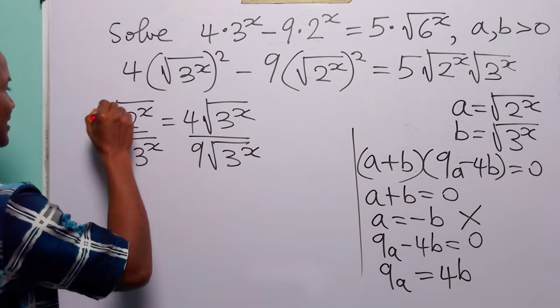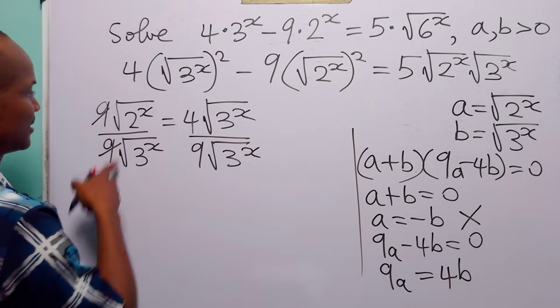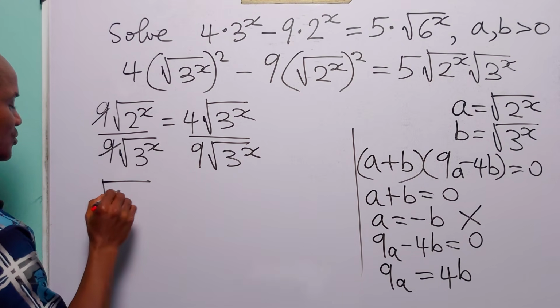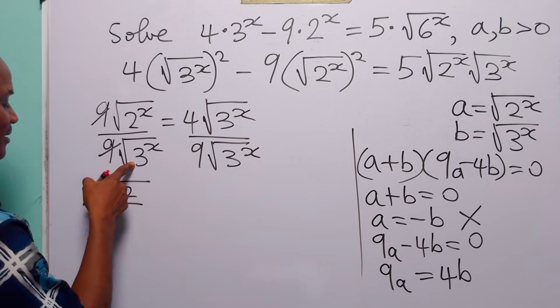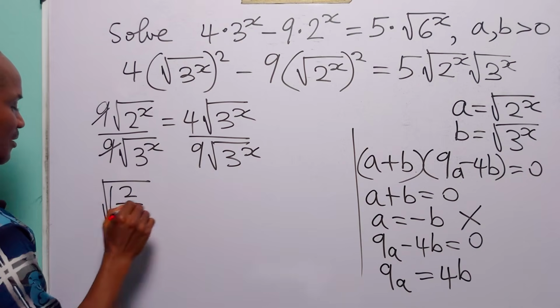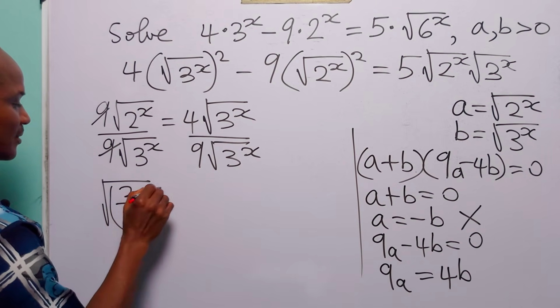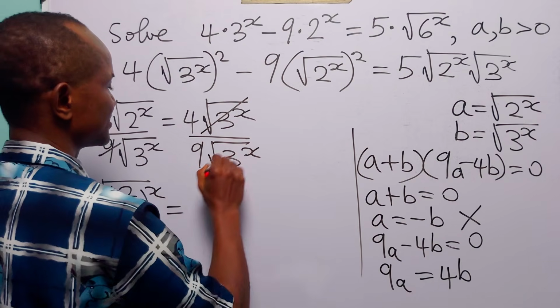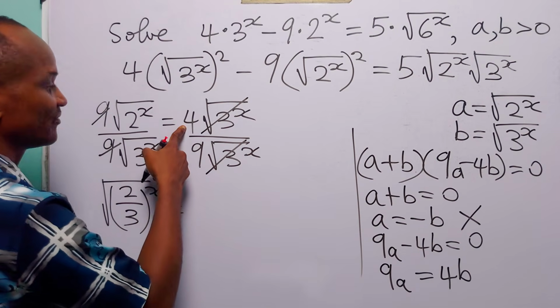On the left hand side, this will cancel that, and we have the square root of 2 over 3, both to the power x, and this is equal to, this is going to take care of that, leaving us with 4.